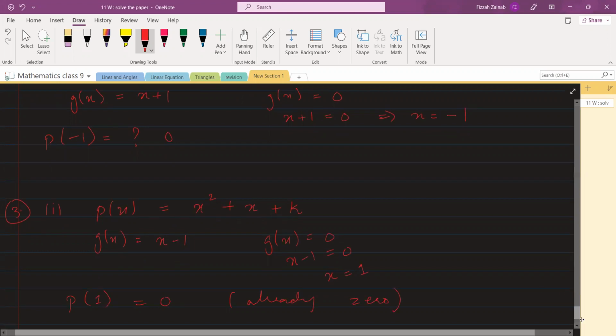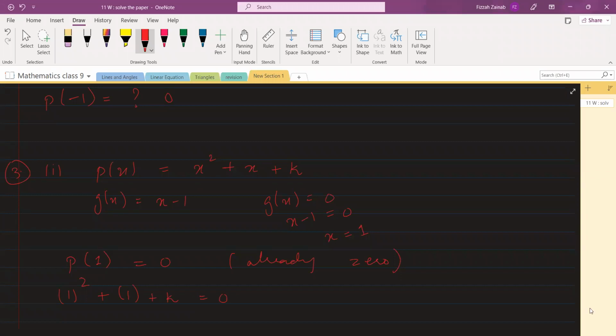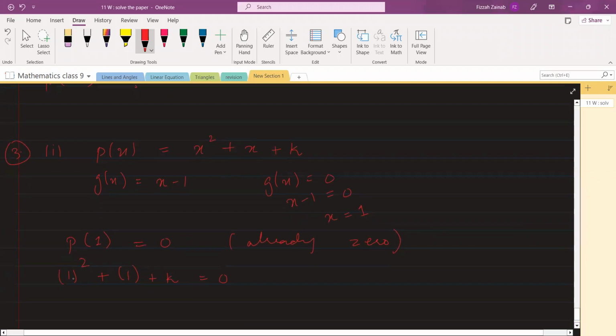Okay. So p at 1 is already 0. So what is p at 1? You put 1 everywhere: 1 square plus 1 plus k. Now this is already 0. So 1 square is 1, plus 1 plus k is equal to 0.